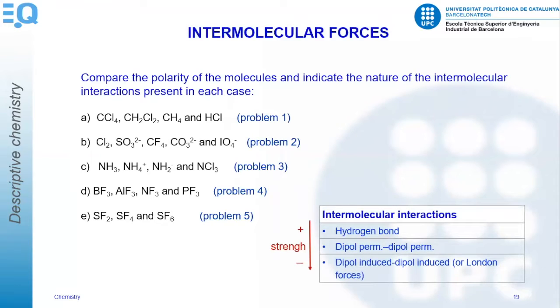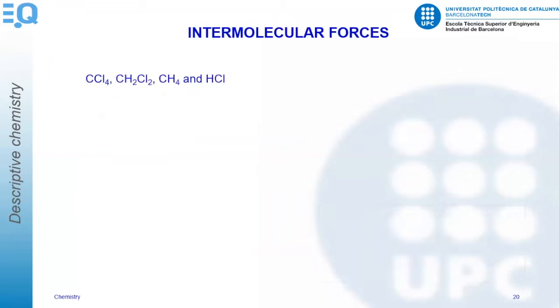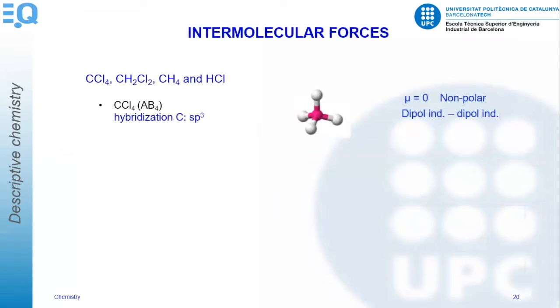For this example, we have 4 different molecules: carbon tetrachloride, dichloromethane, methane, and chlorhydric acid. For the first molecule, carbon tetrachloride, we have a hybridation of the carbon, which is sp3, right? In this case, we have a polar molecule, which is dipole-dipole induced.